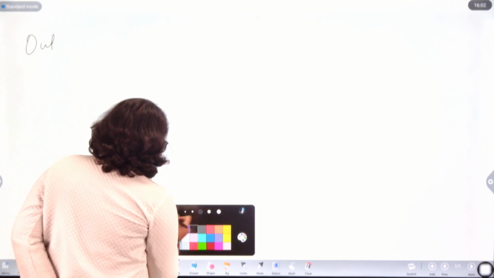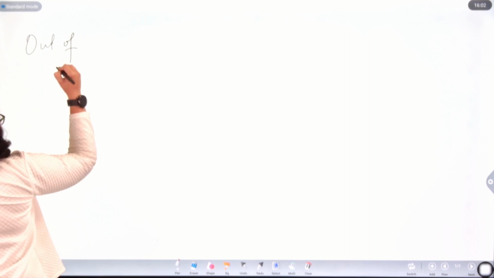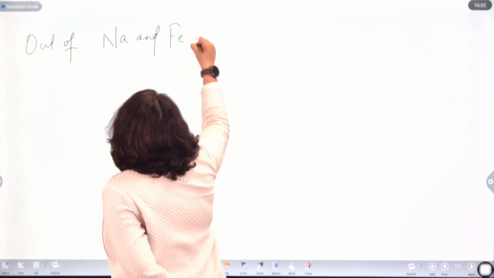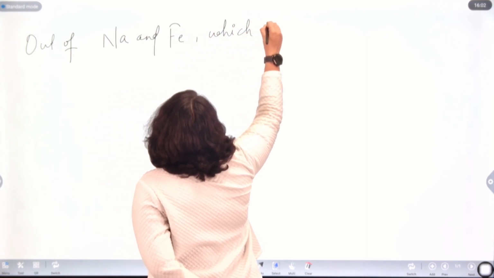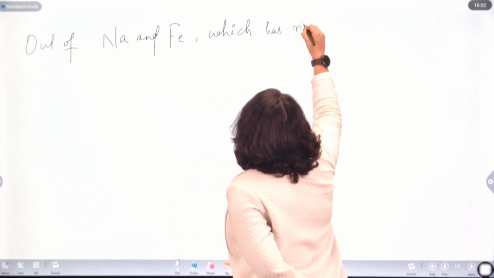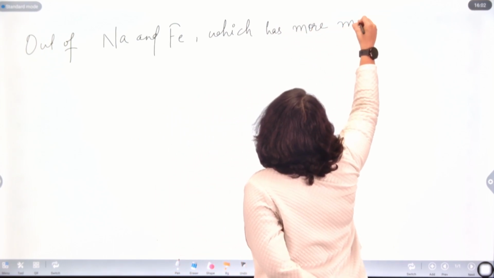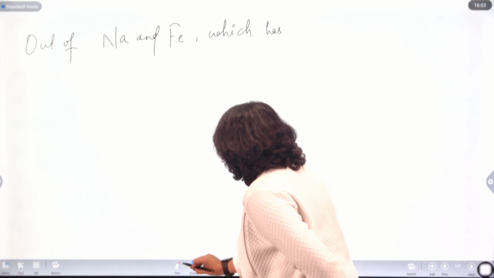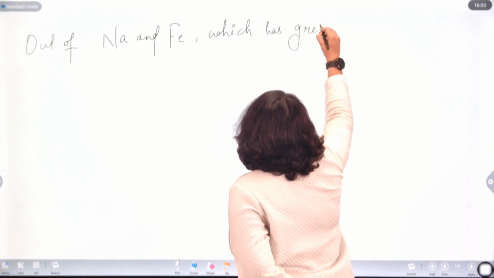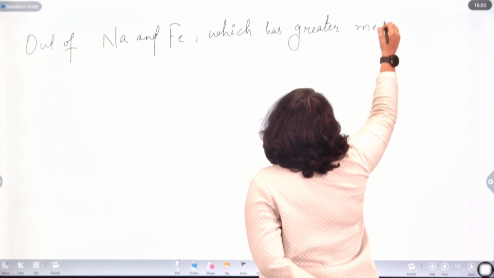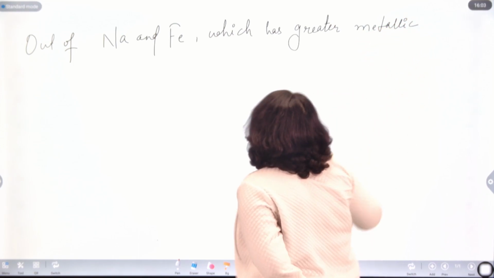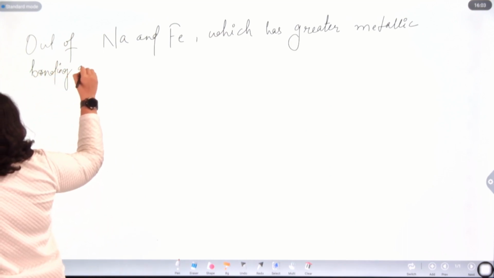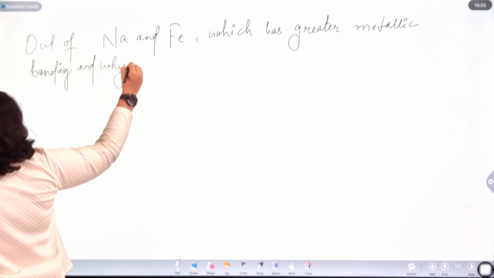Second. Out of Na and Fe, which has more metallic bonding, or greater metallic bonding, and why?